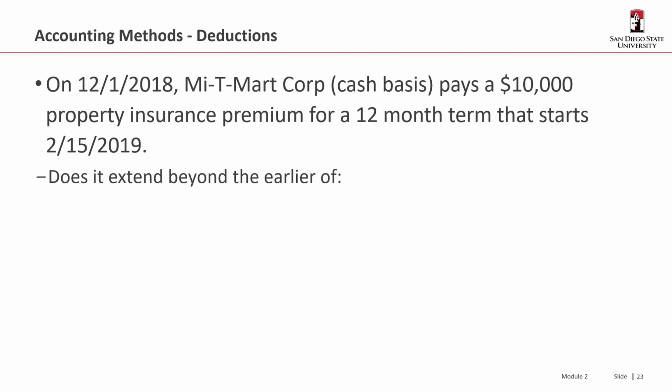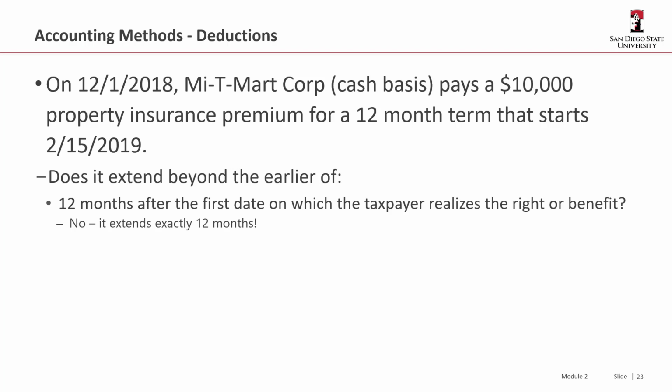Let's change it slightly and say that they make the payment on the same date for the same amount. It's also a 12-month policy, but they've prepaid it a couple months in advance. So they're paying it, but the benefit period starts on February 15th of 2019. So the 12 months then extends into 2020. Does it go for more than 12 months? No, it's exactly 12 months.